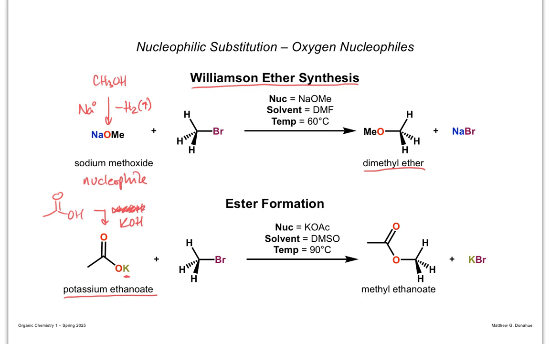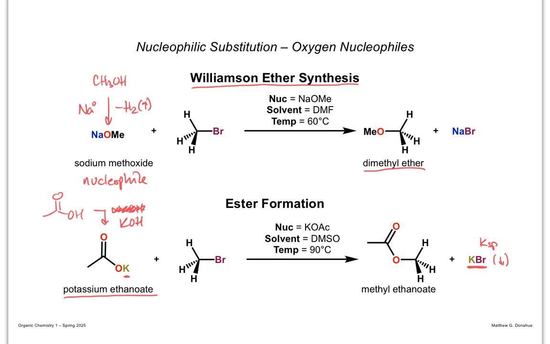The conditions that would make you choose one over the other can partially be determined on the salt that's formed. If you harken back to your Gen Chem labs, you probably did something related to the solubility product constant of inorganic solids.